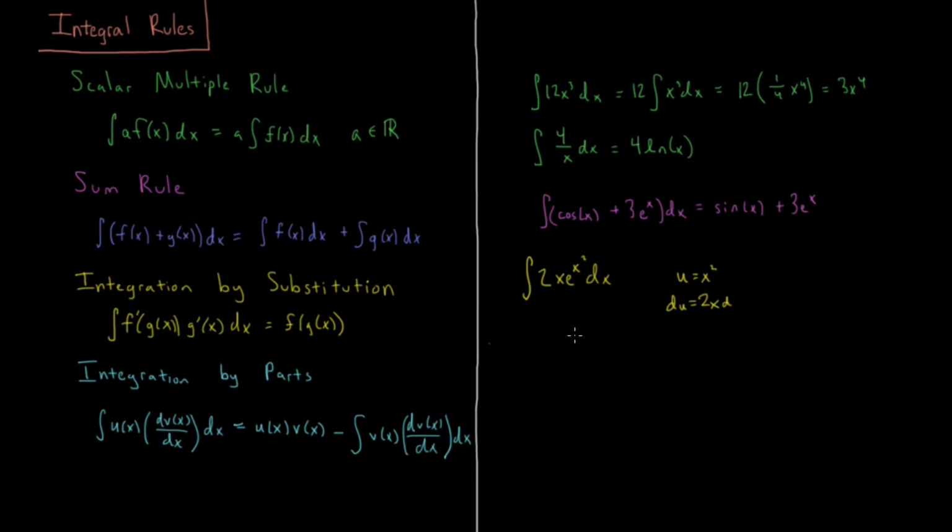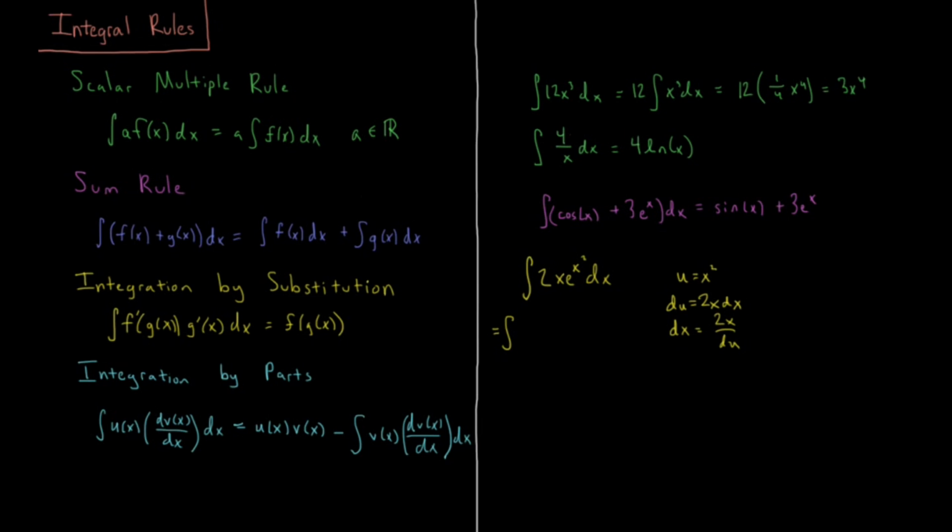Now I can say that dx equals du over 2x. This is why it's called integration by substitution, because I'm going to substitute u for x squared and du over 2x for dx.